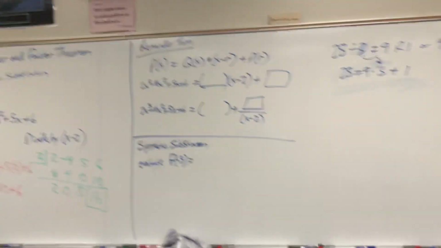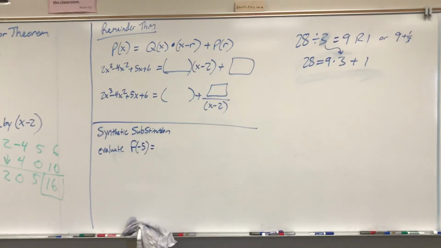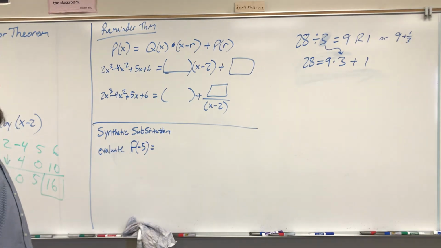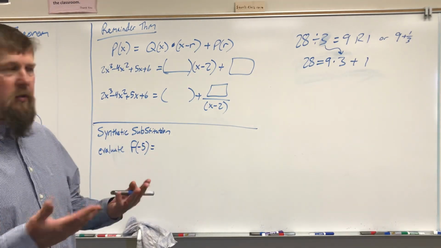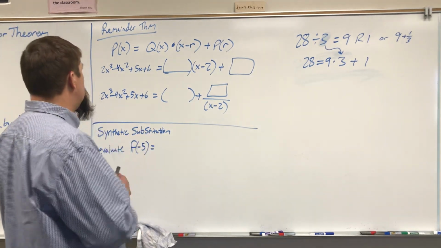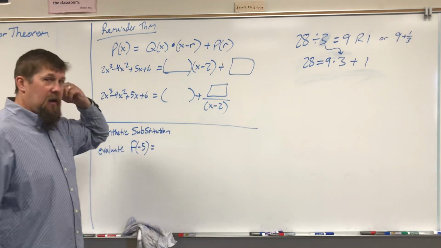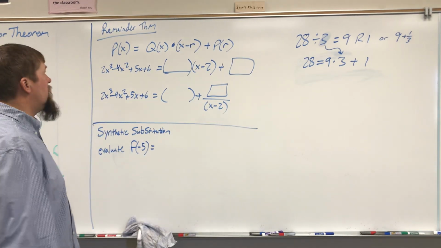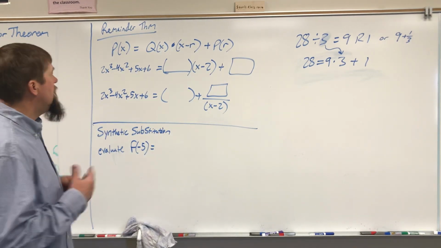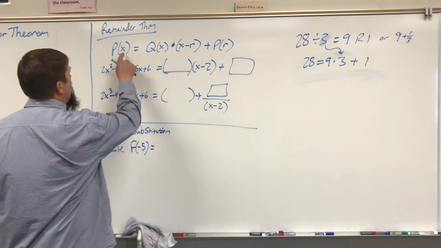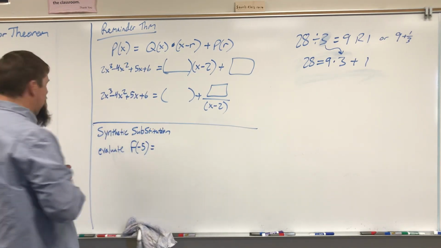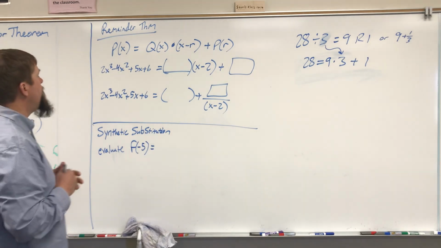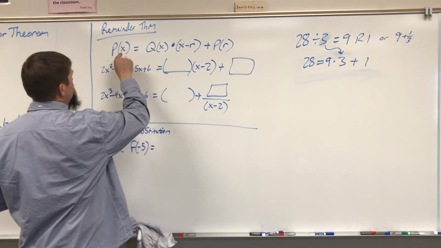Doesn't take but a second. Okay, the remainder theorem basically says this, and this is in the book, and this is why I'm bringing it up. You don't necessarily need to know the exact ins and outs of this, but a lot of you like to know why and so on.